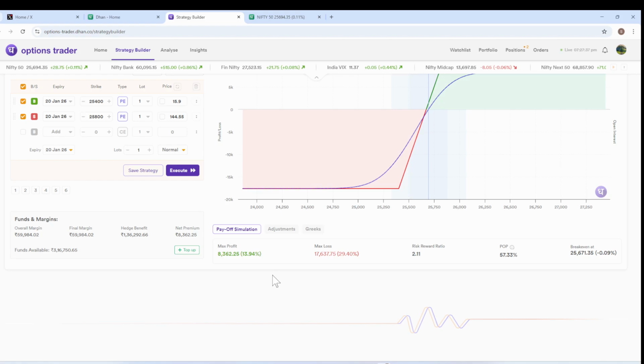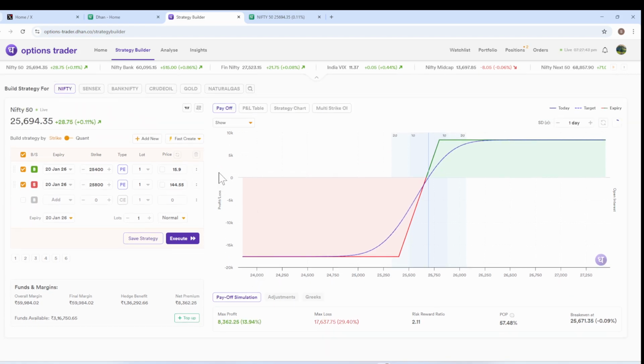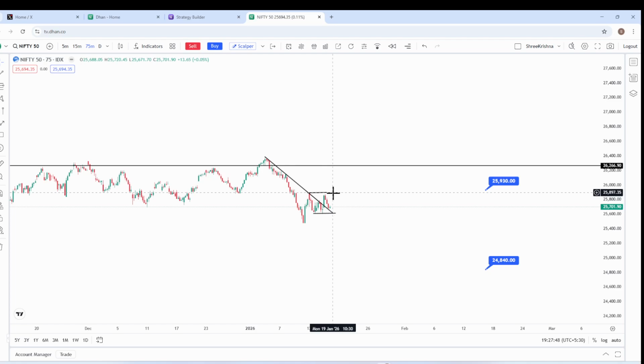So this is how you can take benefit of the patterns. Even when it is going upside, we sell at the money call and we buy out of the money call. By making that, we make a lot of money.